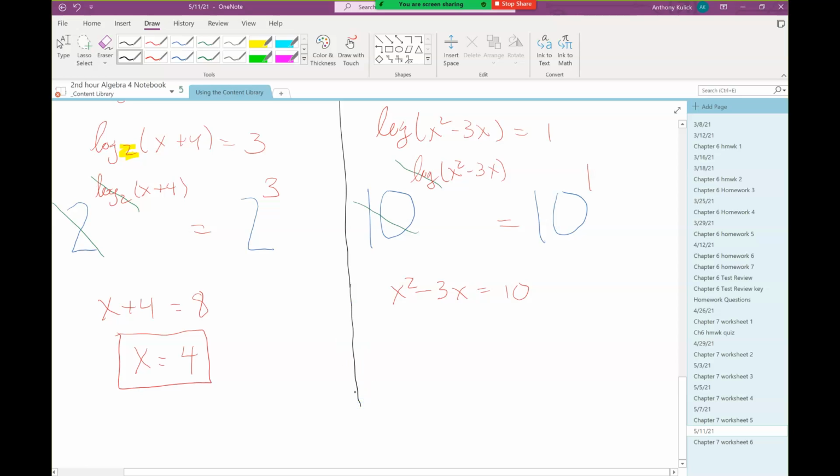What kind of an equation is x squared minus 3x equal to 10? Starts with a Q. Quadratic. To solve a quadratic equation, it must equal 0. So I'm going to start just by subtracting the 10 over. And then our 2 primary methods for solving a quadratic would be to factor or use the quadratic formula.